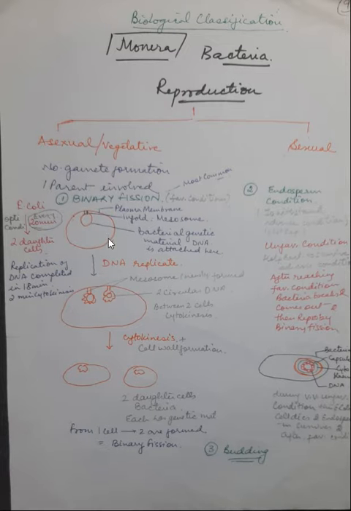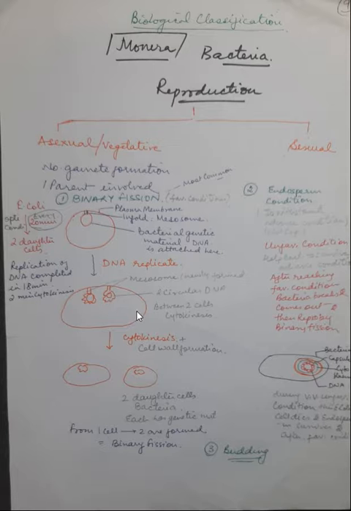So when this DNA replicates, it forms the other copy of this. So there are two circular DNA which are formed, and they remain attached with this mesosome, with the plasma membrane.